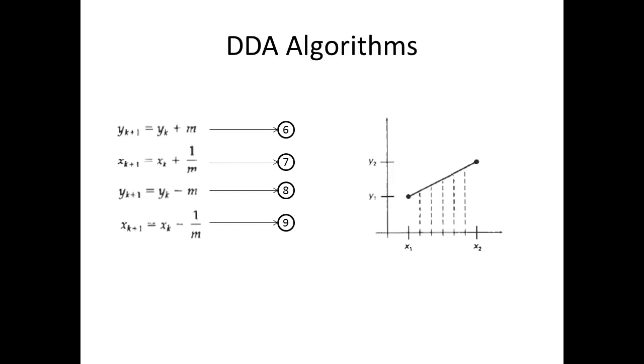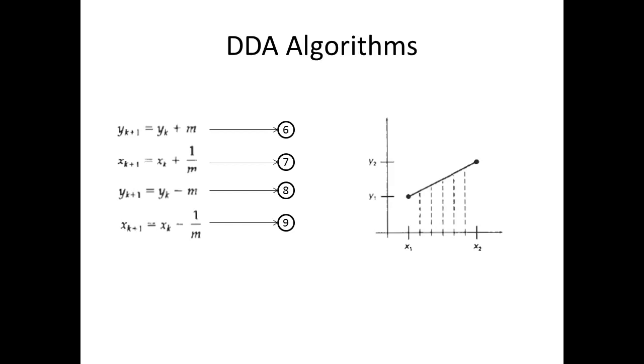Sample at unit x intervals, delta x = 1, and compute each successive y value as y_(k+1) = y_k + m. It is equation 6. Subscript k takes integer values starting from 1 for the first point and increases by 1 until the final endpoint is reached.